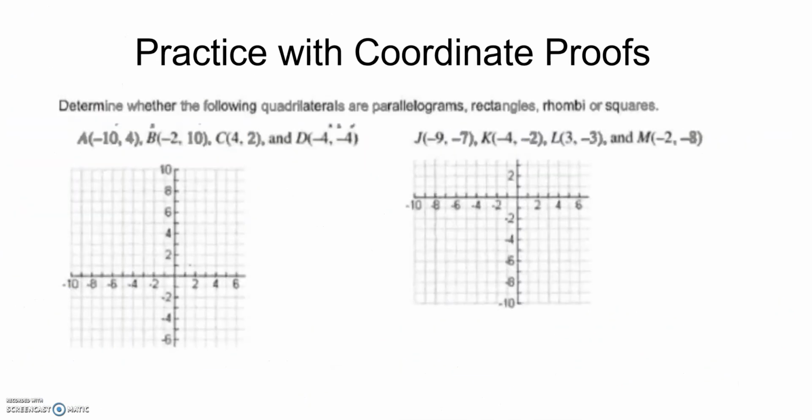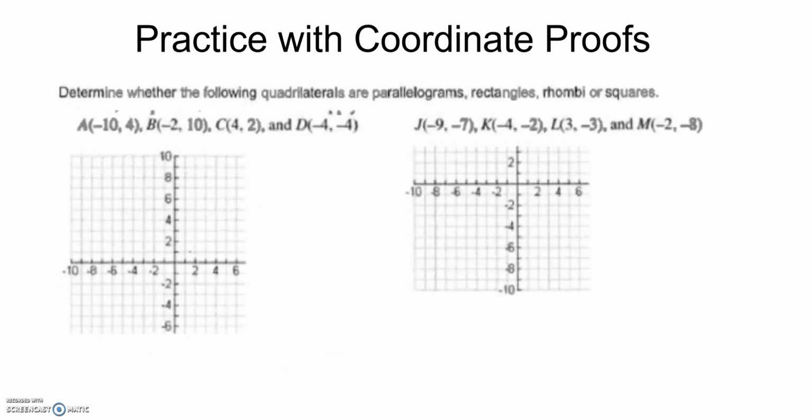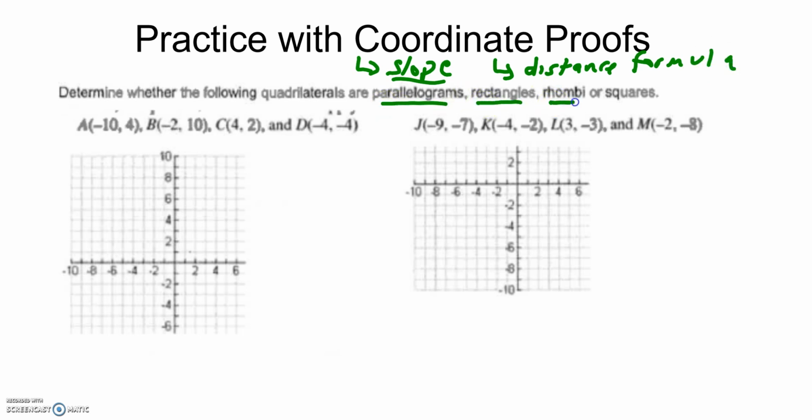All right, on to our last two ones. This is practice with coordinate proofs. And as soon as you have something on a coordinate plane, remember that a couple things could come in handy. Specifically, slope is going to be so important today. You also could use the distance formula, because my goal is to prove, are these quadrilaterals parallelograms, rectangles, a rhombus, or a square, based on the coordinates I'm given, what's the best name for the quadrilateral.